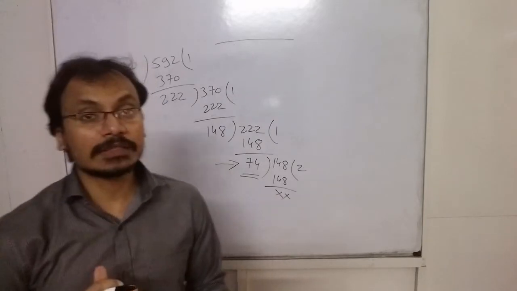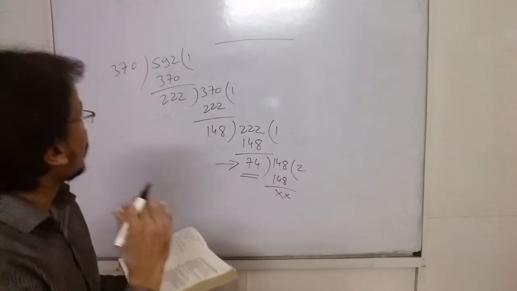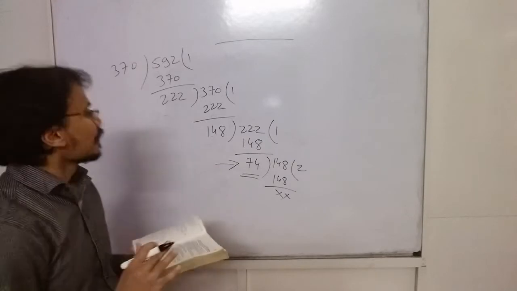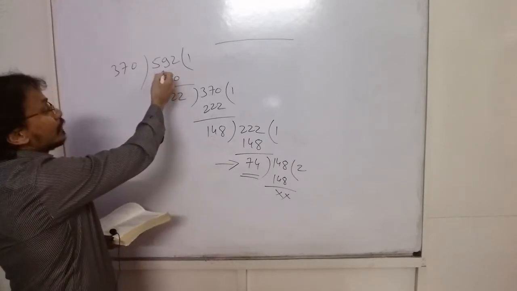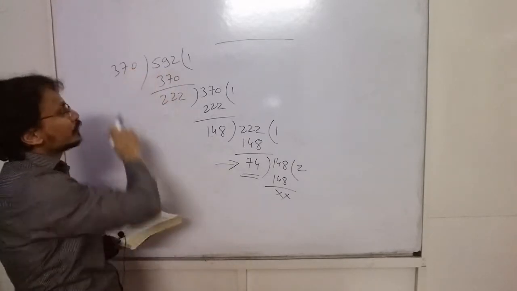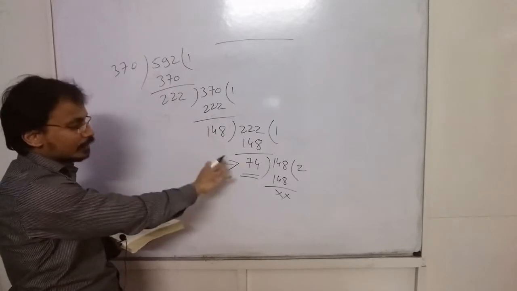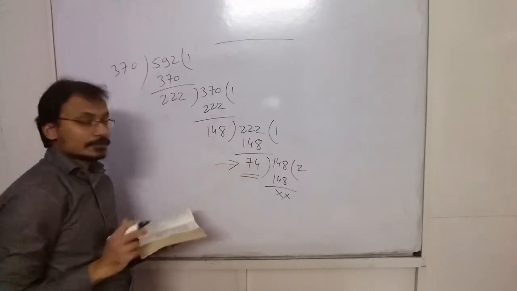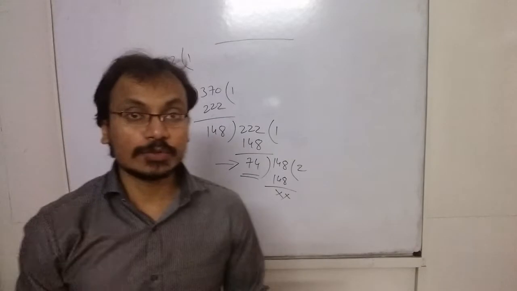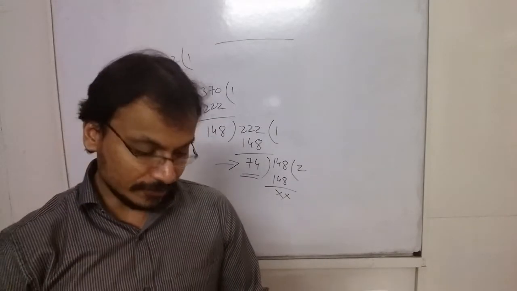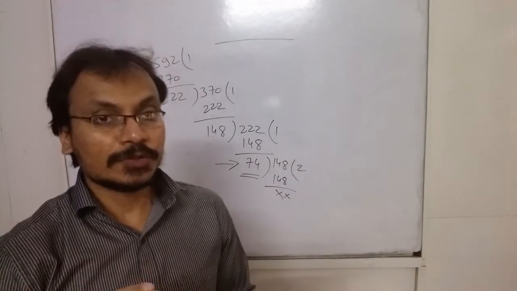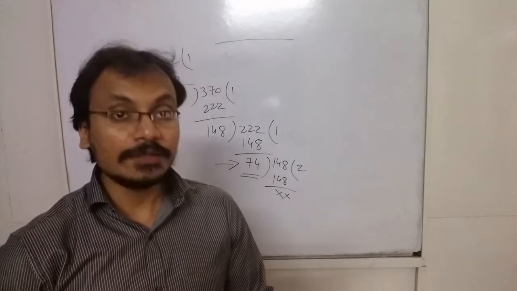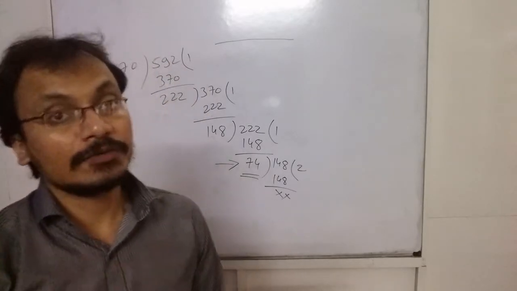So remember this method very comfortably. This is an easy method. Just write the bigger number inside and the smaller number outside. Keep on dividing in the same process, and the last divisor will be your answer. That is going to be your HCF. So this is how you can solve the HCF of any numbers by the division method.